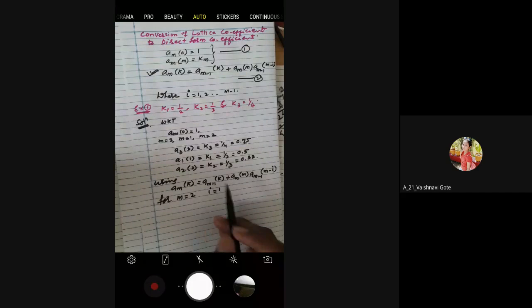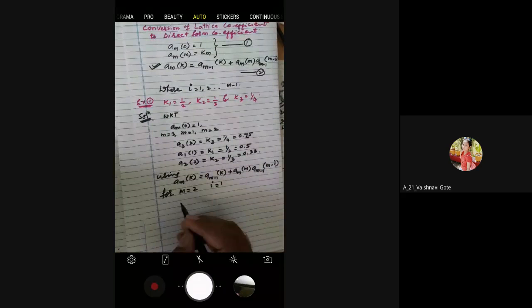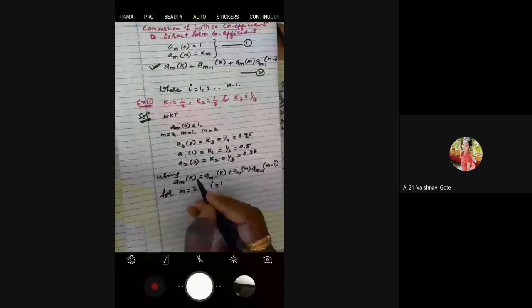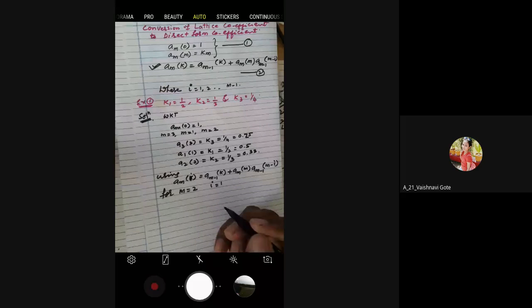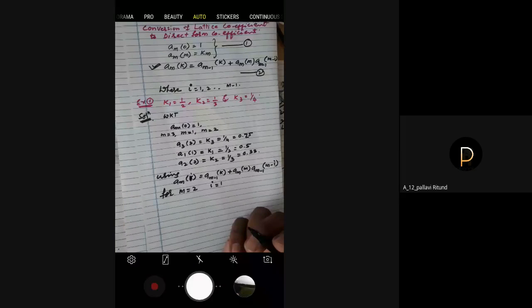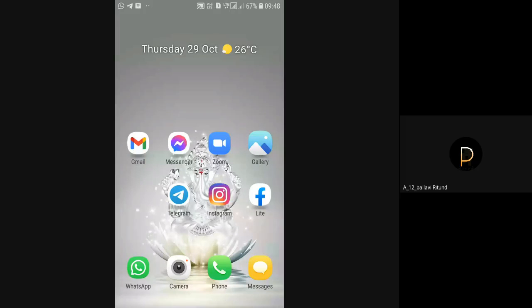Now, if I substitute m equals to 2 in the above equation, sorry, this is I we are writing, a_m of I, it is not k. This is a_m of k लिखे है या I लिखे है यहाँ पे? No, actually यहाँ पे अगर I लिख रहे हैं तो हम इसको सबको I लिखना पड़ेगा.